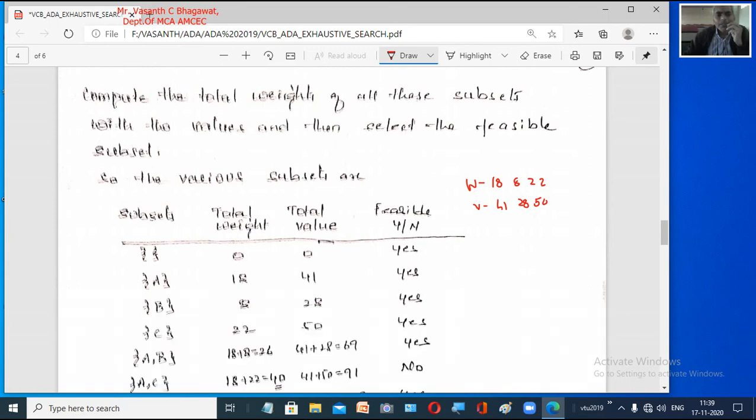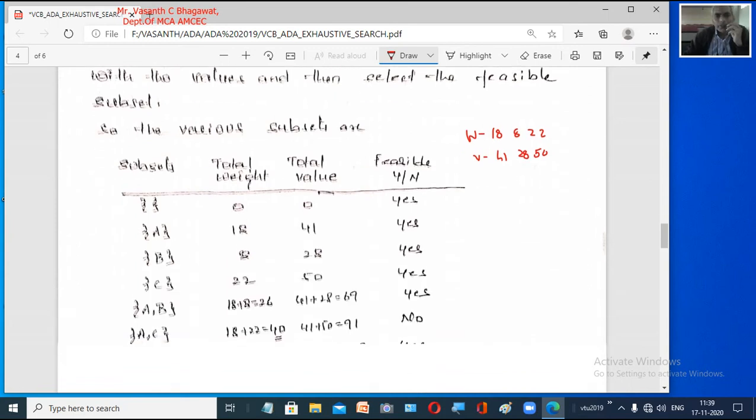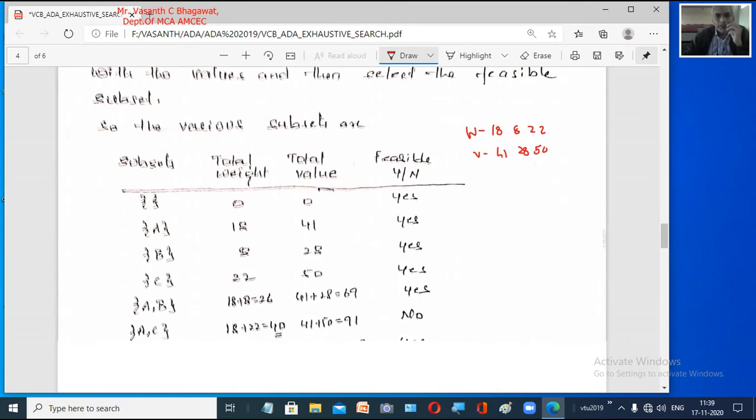Now we will write subsets here, so we design a table. For each subset we write the total weight, the total profit, and whether it is feasible, yes or no. Does it satisfy the constraint?